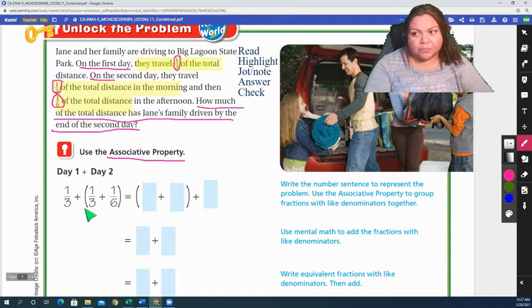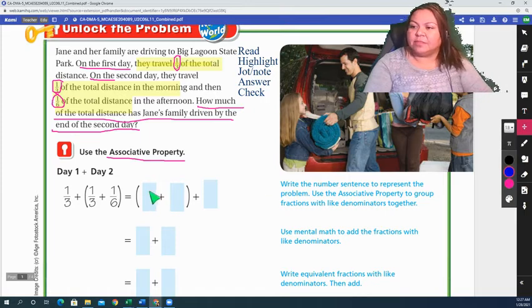Well, I will tell you. The reason why I would want to add 1/3 plus 1/3 first is because it'll be easier, because they have the same denominator. So I'm going to apply the associative property to change the grouping. I want to put my grouping with 1/3 plus 1/3 first. So I'm going to rewrite it here.